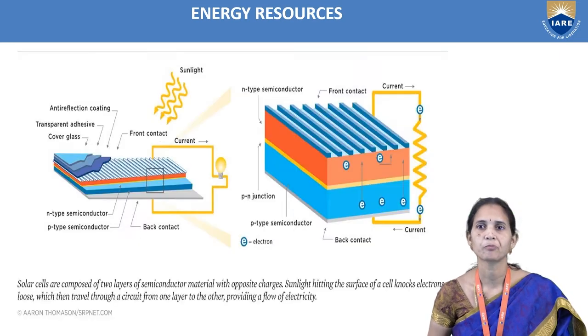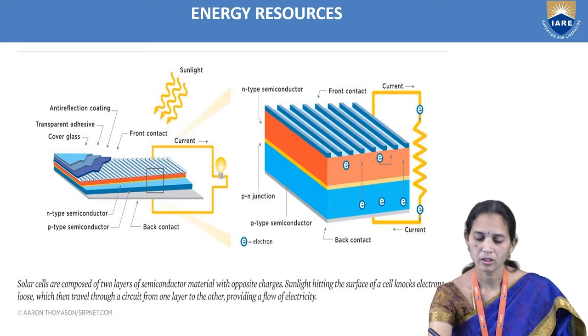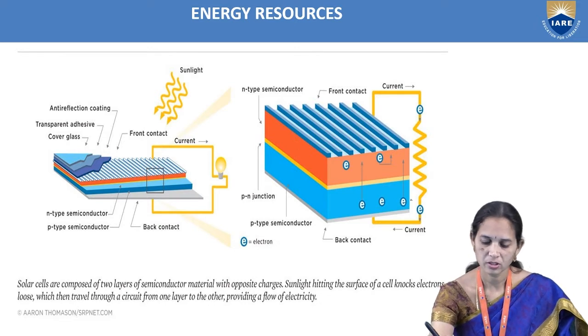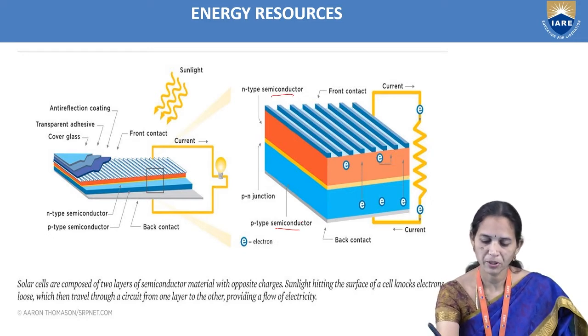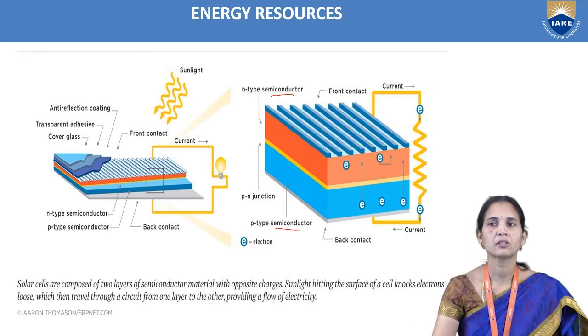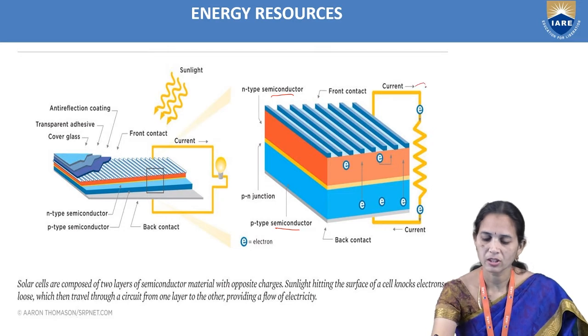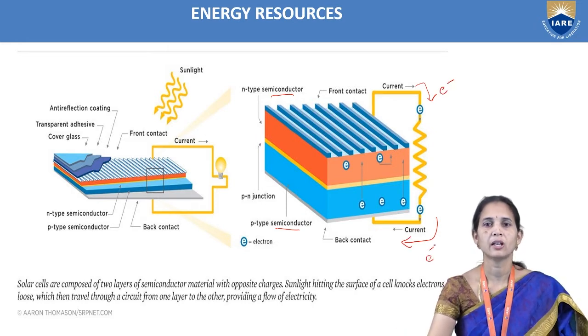We can see in this diagram very clearly the electron flowing from the n-type semiconductor to the p-type semiconductor, and how the current is flowing.